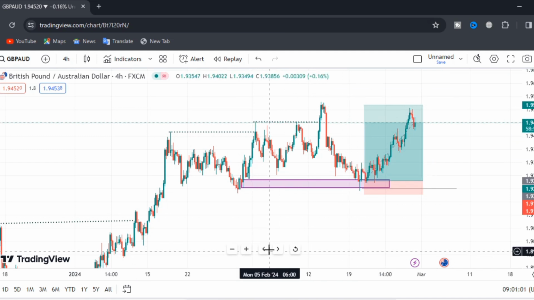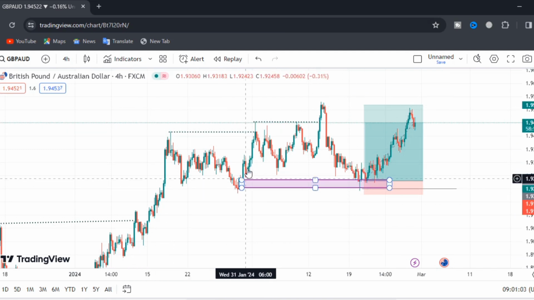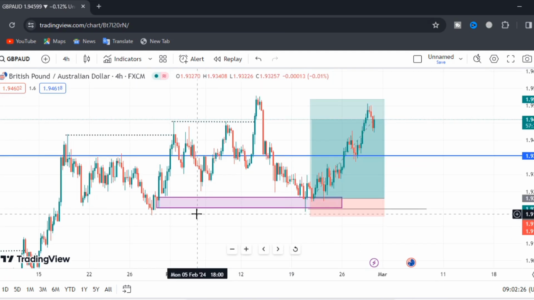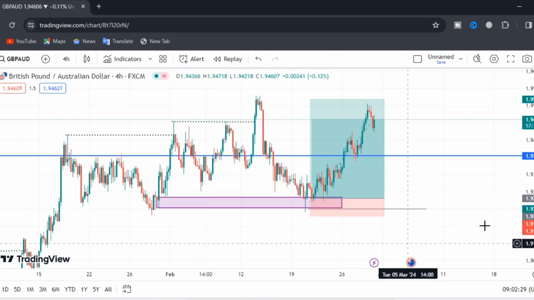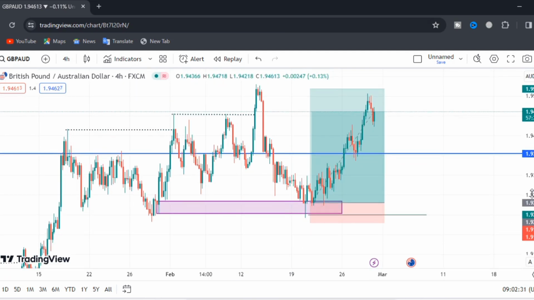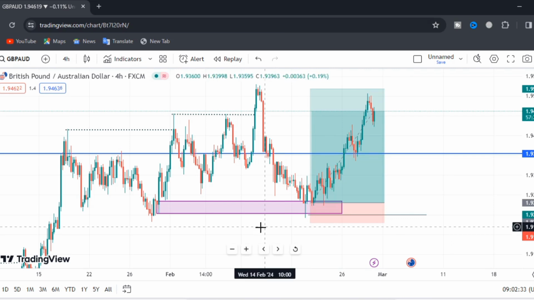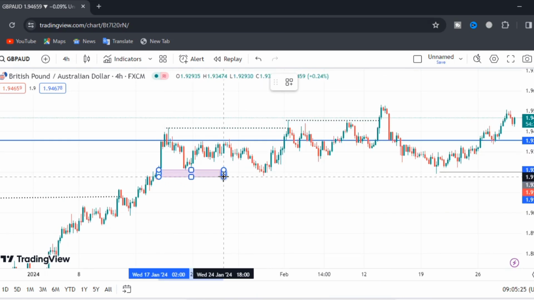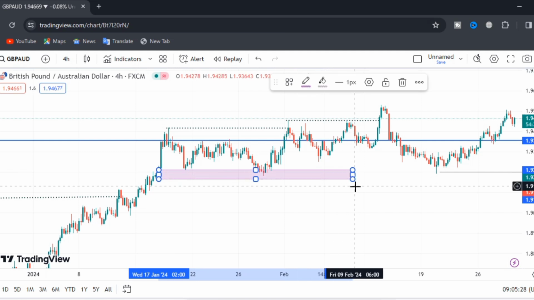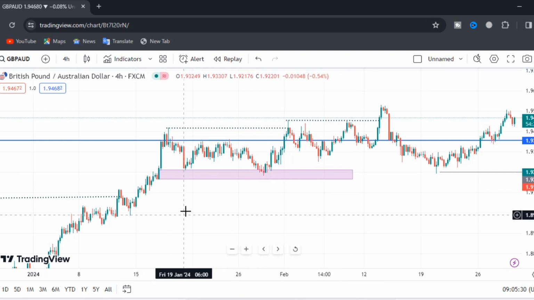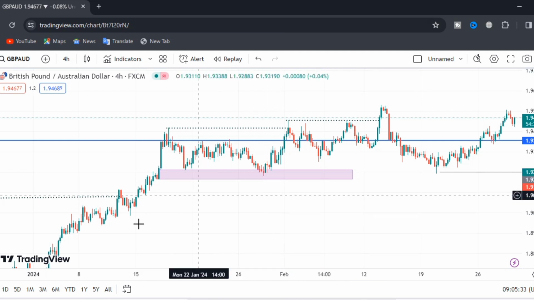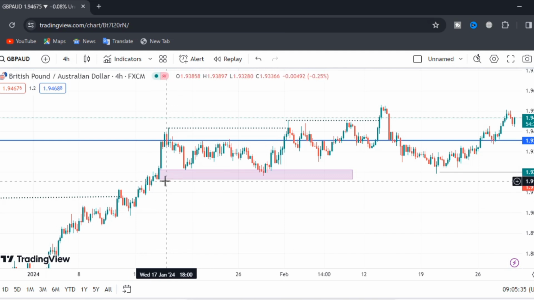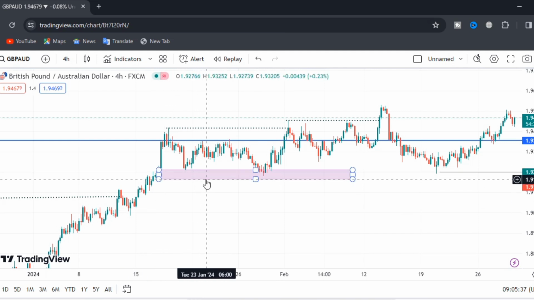After identifying that your directional bias is the uptrend, you must look for your fair value gap just below that blue line, because it is our discount zone. This fair value gap came before the impulsive move. You can see that when the market came back to our fair value gap, below that fair value gap there is this order block we want to consider.